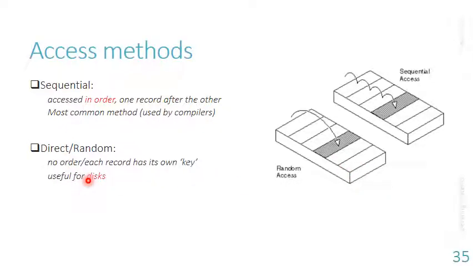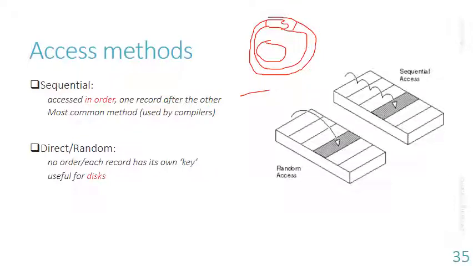How come? Think about it for a second. How can you relate to disks when it comes to the file access method that is direct, random? So jump directly with the index. Think about it. This is my disk, made out of tracks, and each track is made out of sectors.